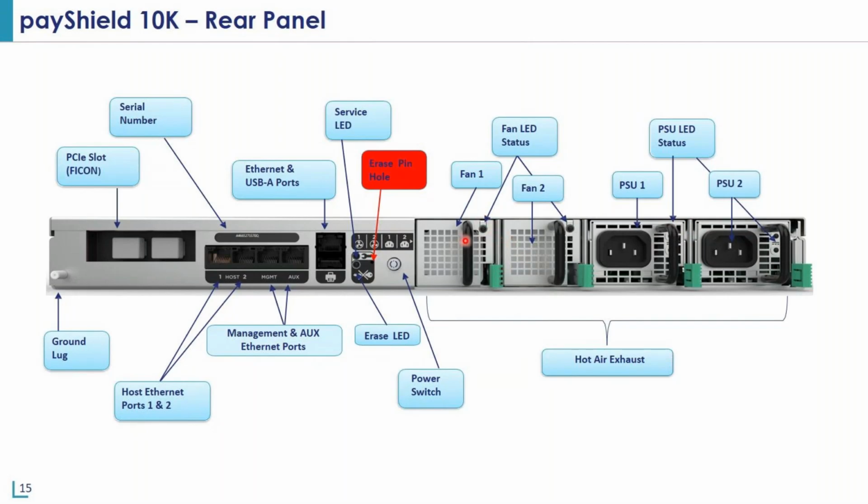If one of the fans is down, you will see a red indicator like this or a red indicator like this, and so on. You simply have to order a replacement, bring the old non-working one out and insert the replacement. You don't have to power off your appliances for replacing. Fan and power supply, they are hot swappable.